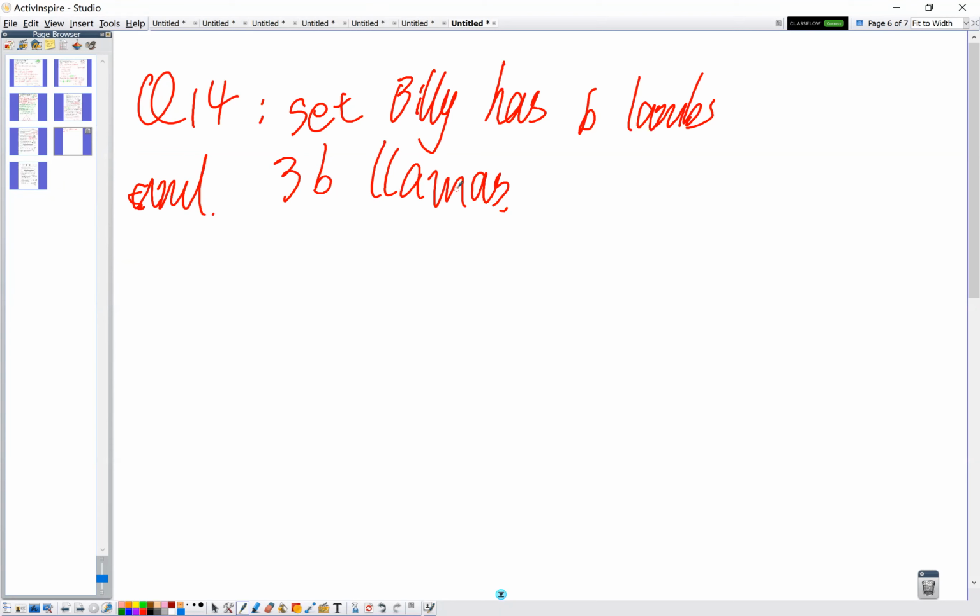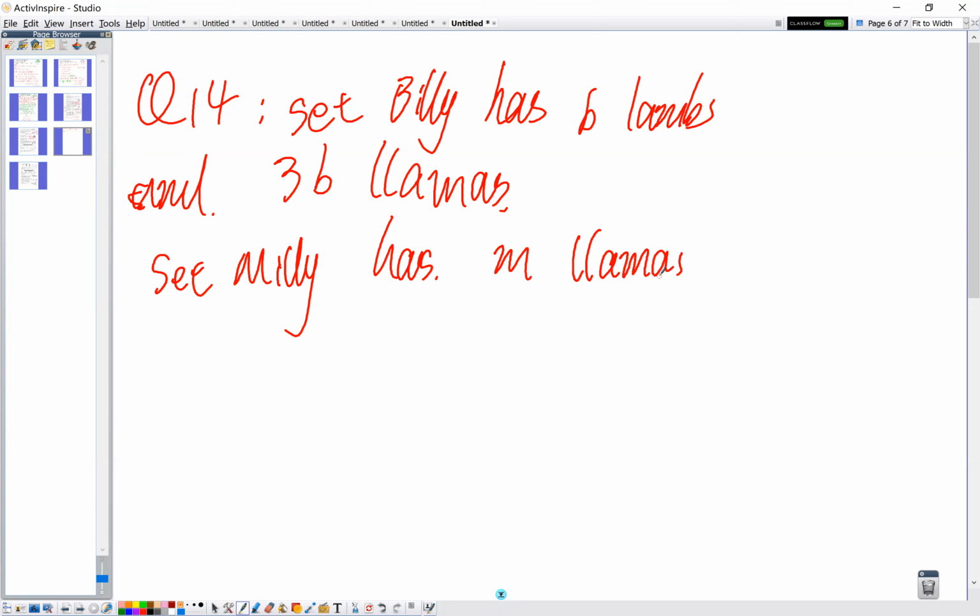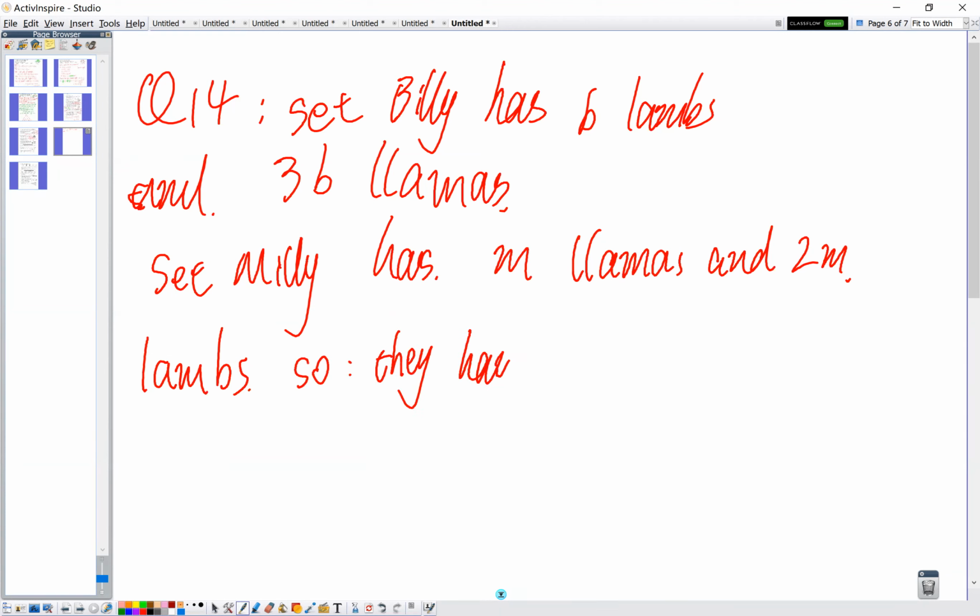We can set Millie has M numbers and 2M names. So therefore we can find out that they have 17 animals in total.